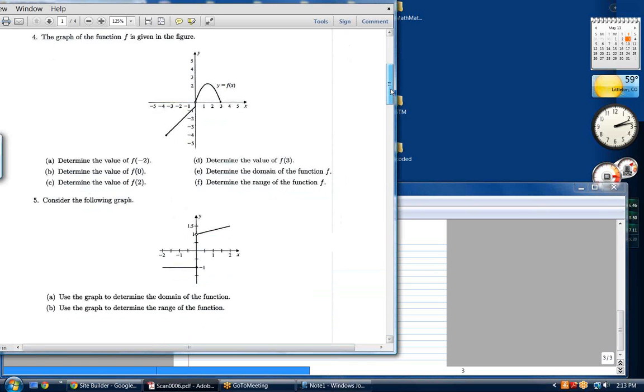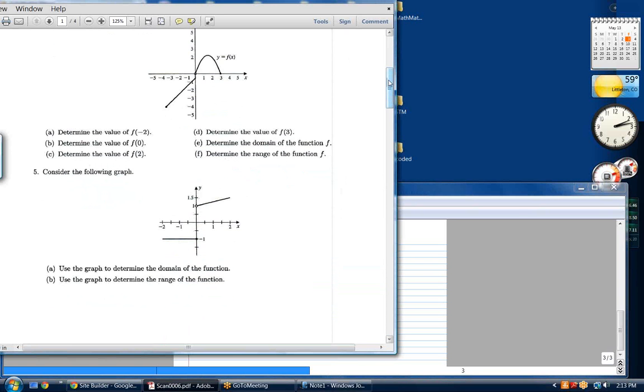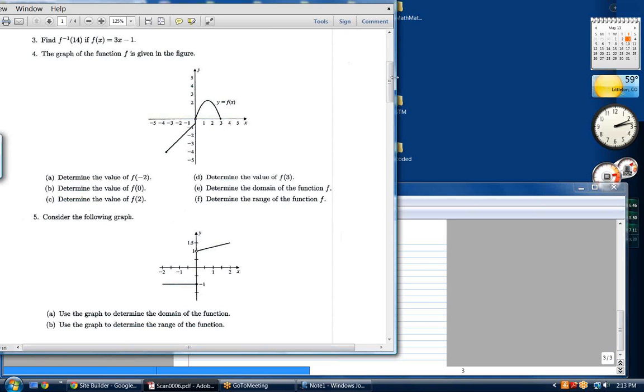Correct. And let's look at B. What is f of 0? f of 0 is 0. See that open circle? In other words, if you look at this open circle right at 0, comma 0, that means f of 0 is not evaluated there. f of 0 actually occurs right there.